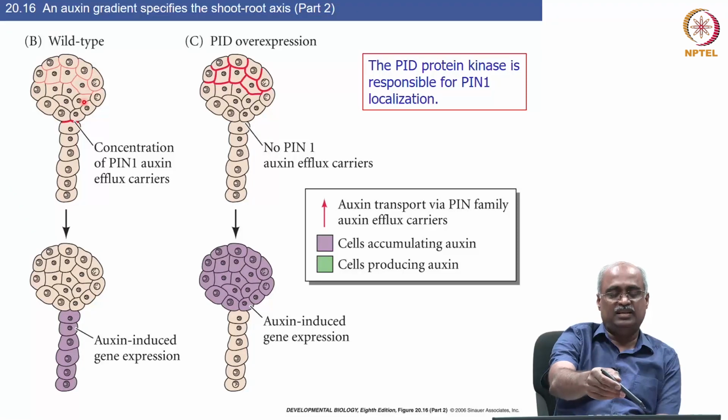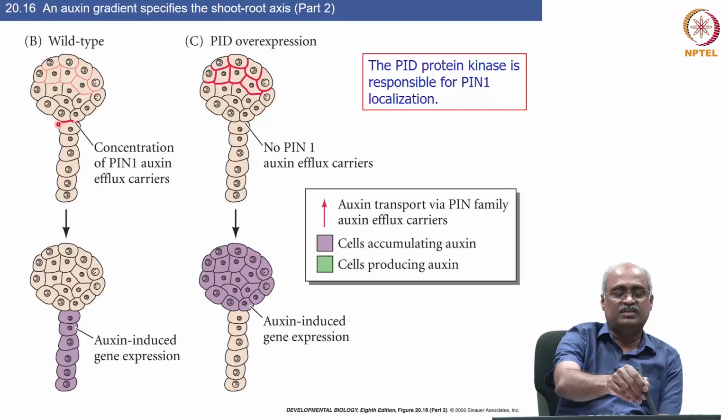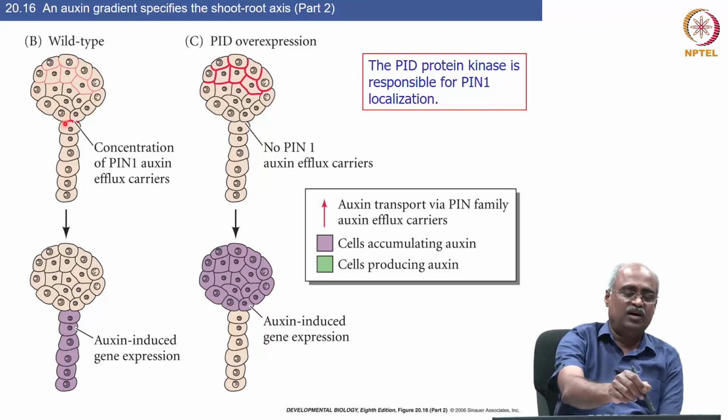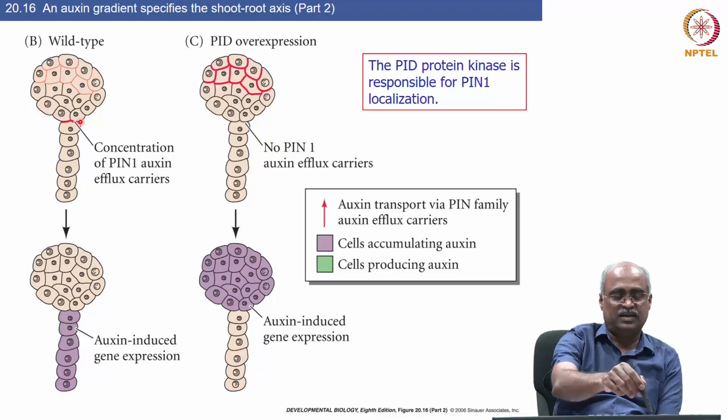Based on the difference in expression of these two, PIN1 gets highly concentrated here, and as a result auxin flows to this, and that auxin is responsible for setting up the place where shoot is going to develop. For the shoot apical meristem formation, flow of auxin towards this place is important, and that is made possible by the high concentration of PIN1 in this region.